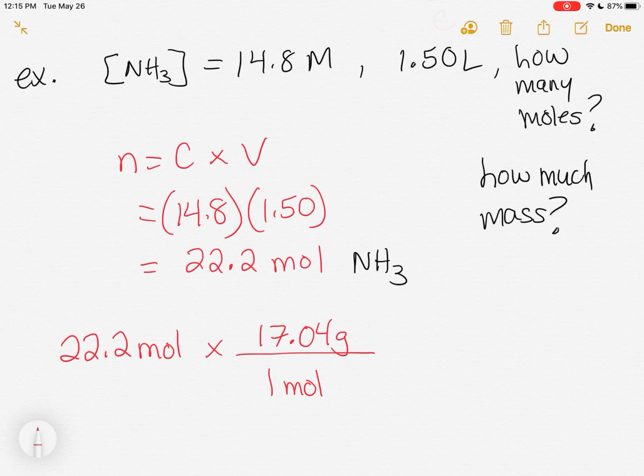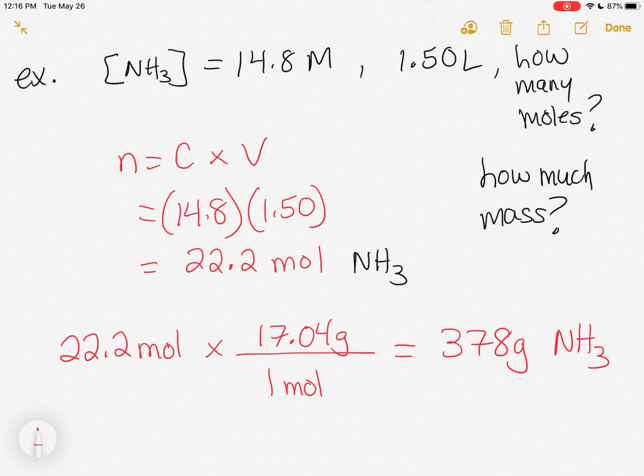So for NH3, it's 17.04 grams in 1 mole, and so that's going to work out to 378 grams of NH3. So we can use this concentration equation with our mole and molar mass conversion factors. Okay, so we can use this back and forth with all of those conversion factors, depending on whether we are starting with mass or whether we are ending with mass. Any of those are a possibility.